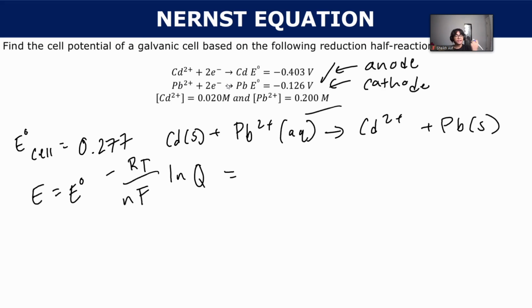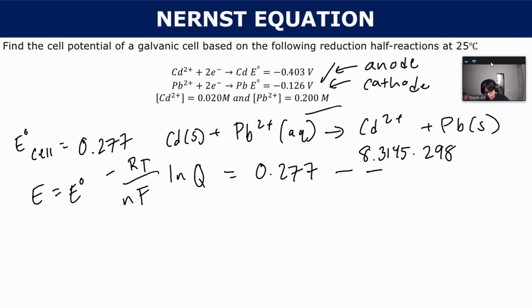Our standard E cell value is 0.277 minus R, so 8.3145, times temperature, which is 298 Kelvin, or 25 degrees Celsius as we're given, over N. N is the number of electrons transferred during the whole process, and you'll notice here that the number of electrons is 2. So 2 times Faraday's constant, which is 96,485. And then we have the natural log of Q.